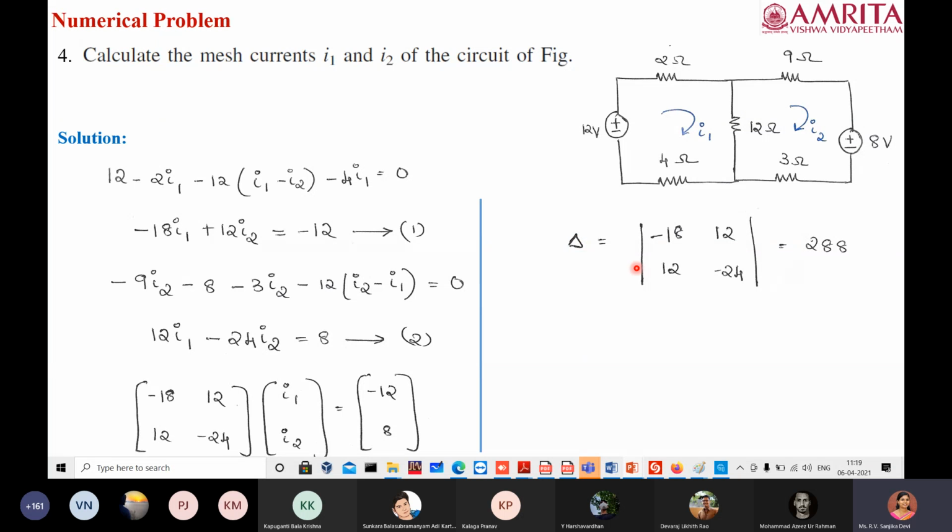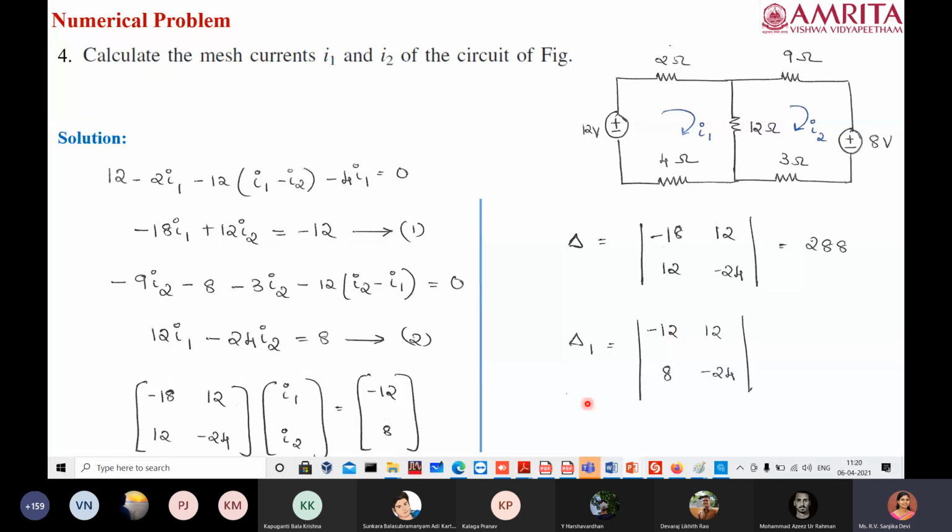Now for finding I1 and I2, we require two more determinants. One is called delta 1 and the other is called delta 2. For finding delta 1, we are determining the first variable I1. So we have to replace the first column of the matrix with the constant terms.